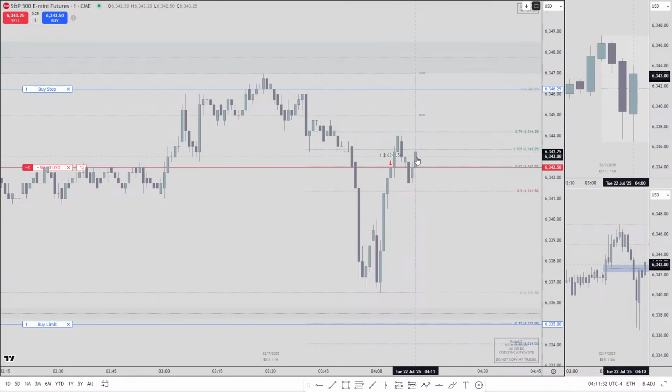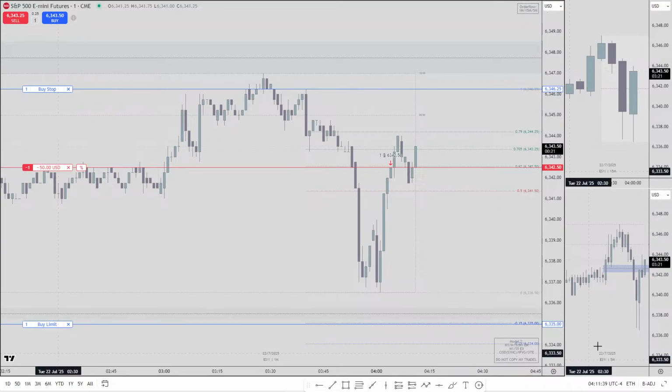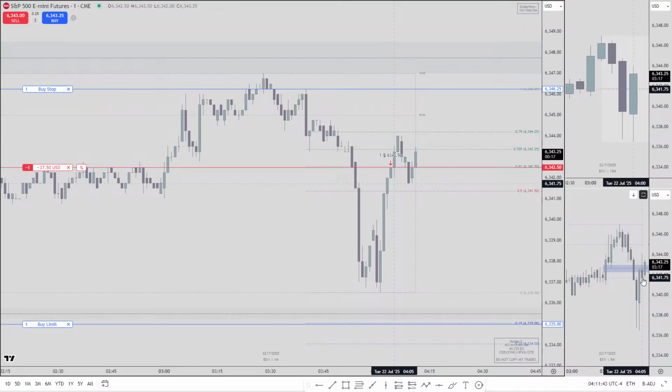Let's see how this candle closes. 20 more seconds to go. If it doesn't form a swing high with this black down close candle, it would be pretty bad for the trade idea itself.